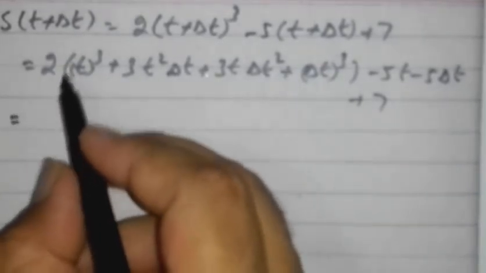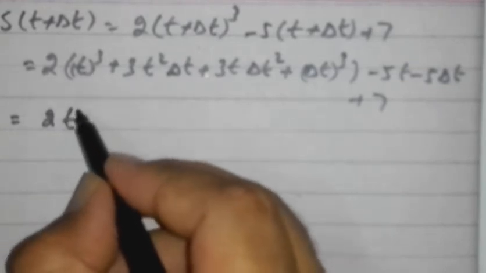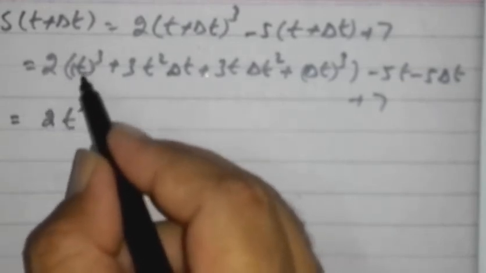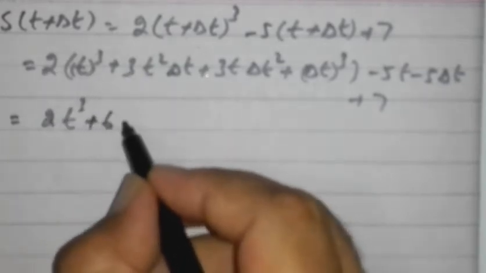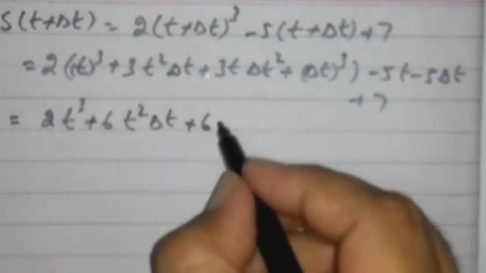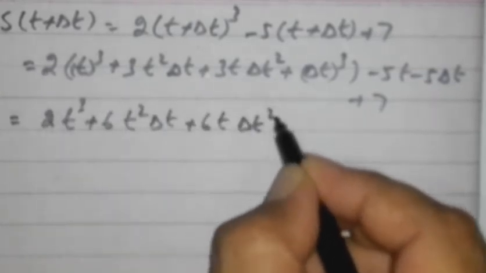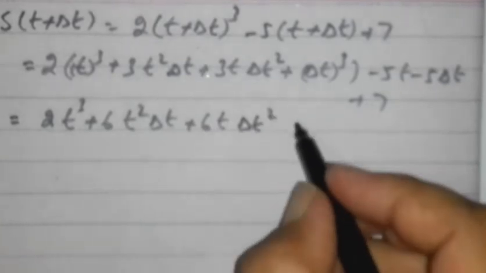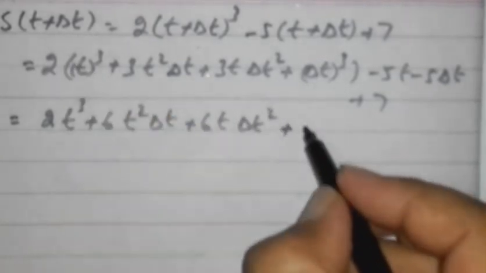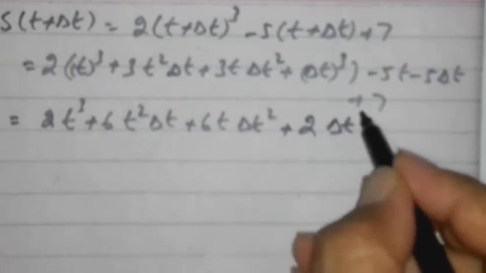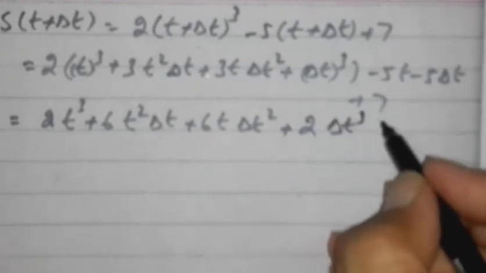Further we can write it as 2t cube, 3 2s are 6 t square del t, 3 2s are 6 t del t square plus 2 del t cube, here minus 5t minus 5 del t and plus 7.